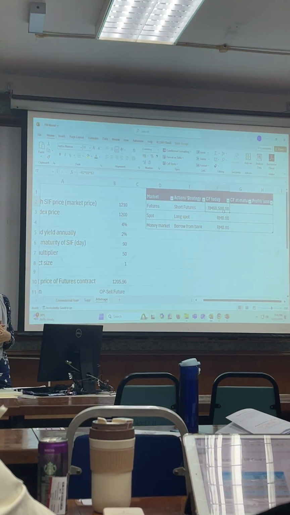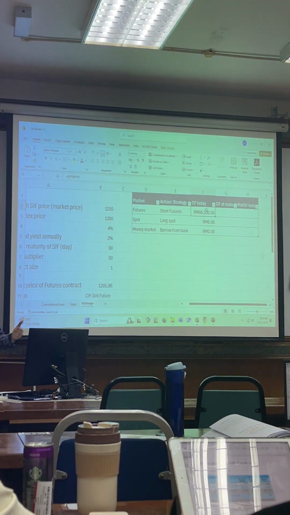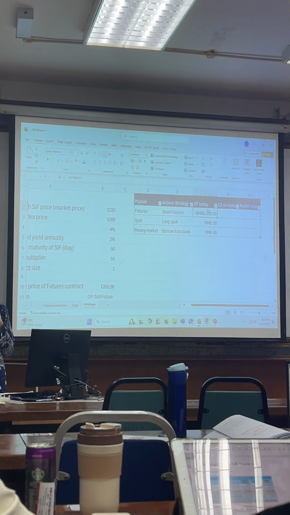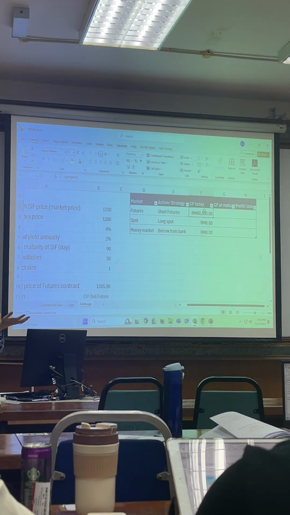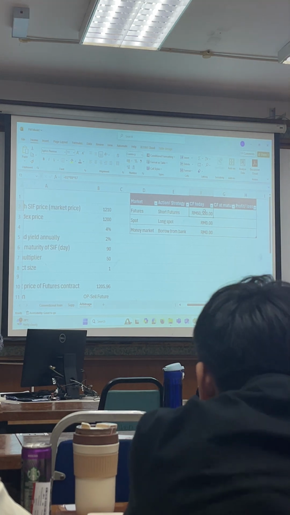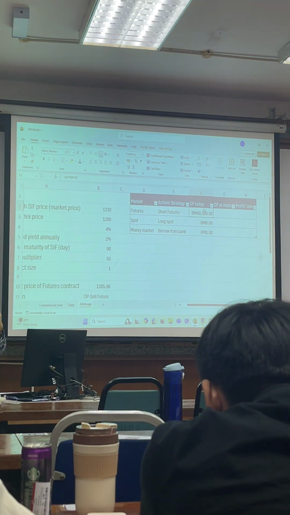Receive. So remember that is positive. You receive the money, cash inflow. You are on the seller side, which is why it is a short. You sell the product, so you are eligible to receive the money.